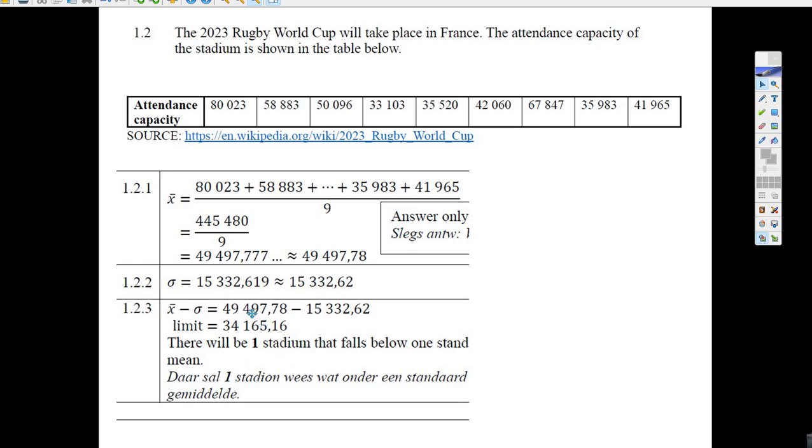So all you do is take the mean and subtract the standard deviation. It's 34,000. Well, how many will be below that? Well, there's only one up here that's below. It's 33,103. So only one stadium falls below the mean. And there's that first question. So let's just stop it there with a step.